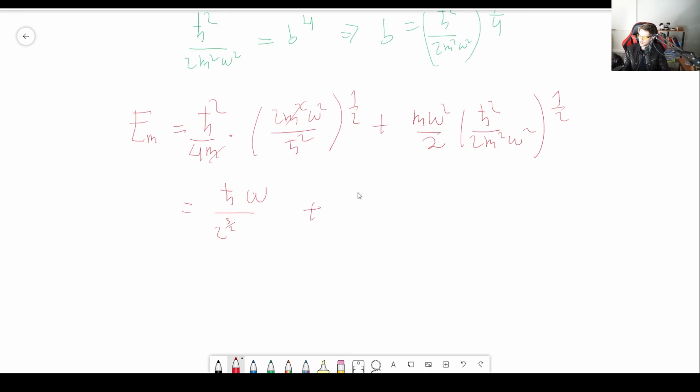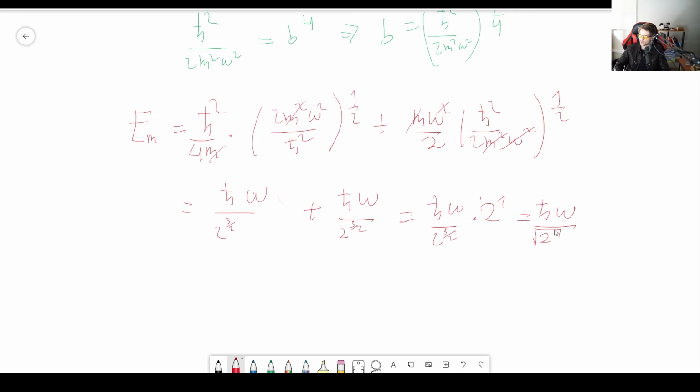And then the m cancels out, and this omega cancels out the exponent, so we get h bar omega divided by 2 to the 3/2 power. So this is basically h bar omega over 2 to the 3/2 power times 2, right? Which is basically 2 to the 1. So we can simplify this further as h bar omega divided by square root of 2.